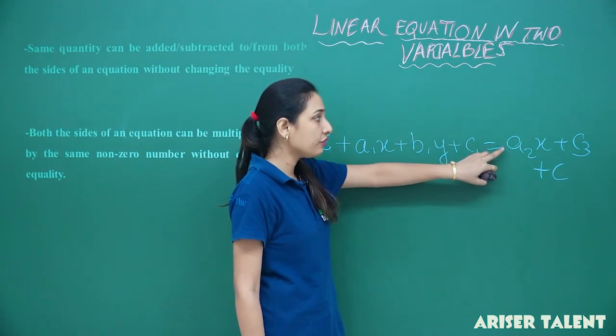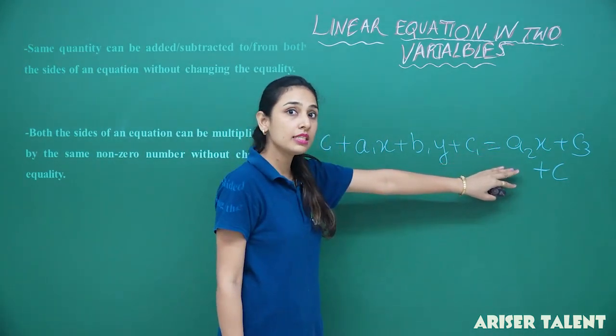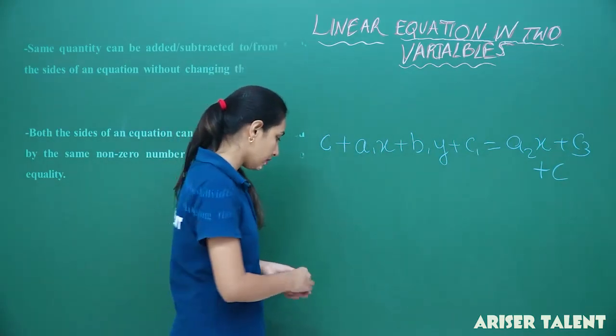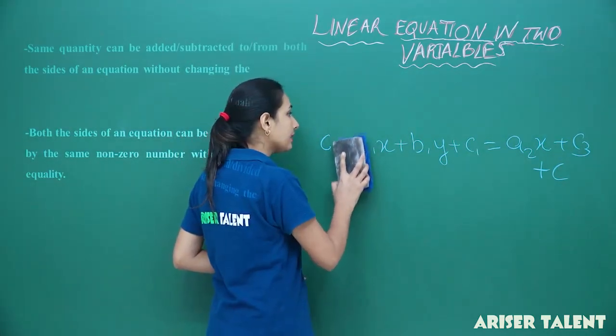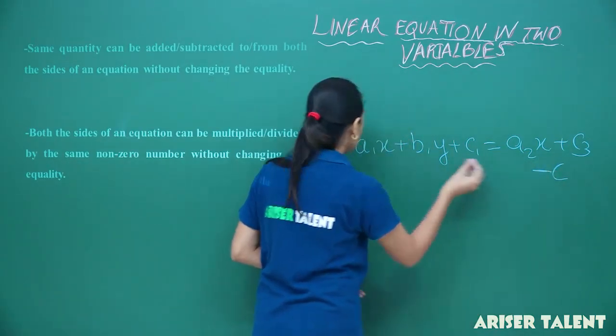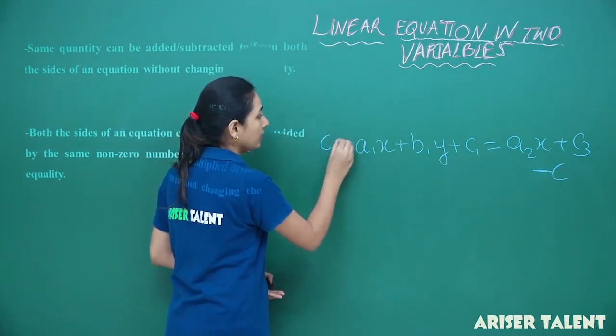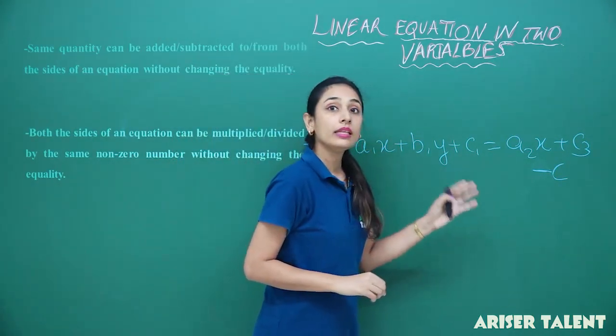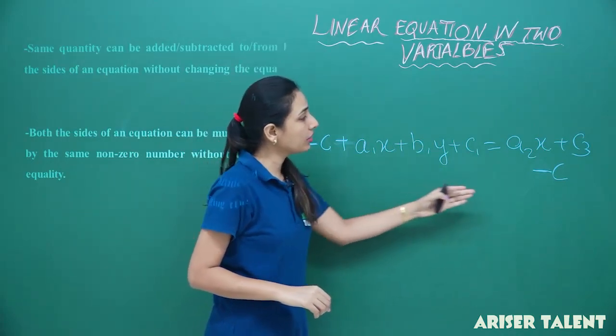That means the right hand side will be equal to the left hand side. If I subtract c from both sides, the equation will also be the same.